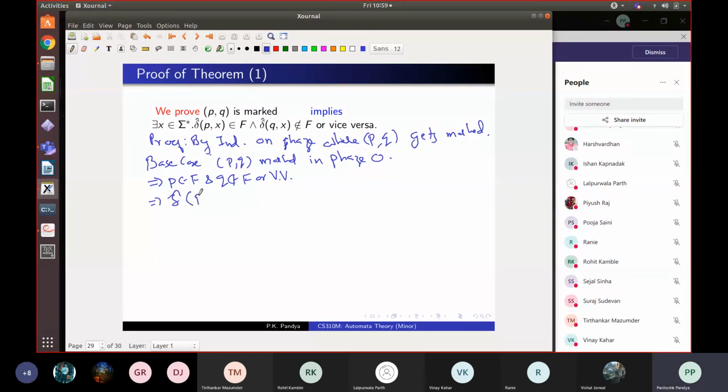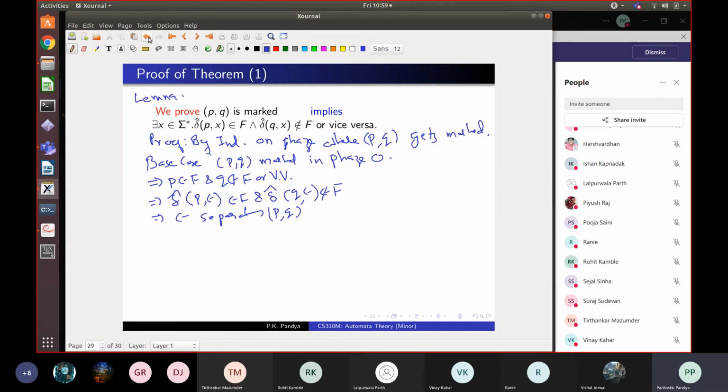Delta hat of P on epsilon, which is the same as P, belongs to F, and delta hat of Q on epsilon, which is the same as Q, does not belong to F. So I've just added this extra step. This shows that string epsilon separates them. So if PQ is marked in phase 0, then string epsilon separates them, and hence this lemma is correct for the initial phase 0 markings.